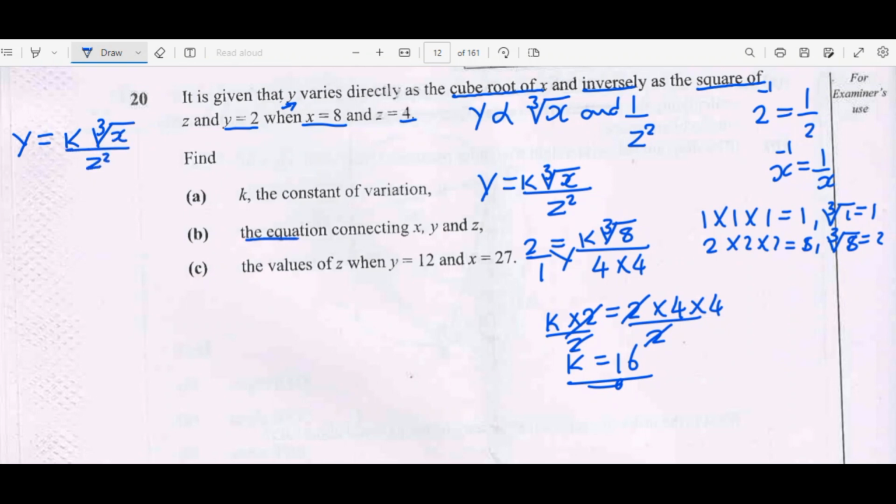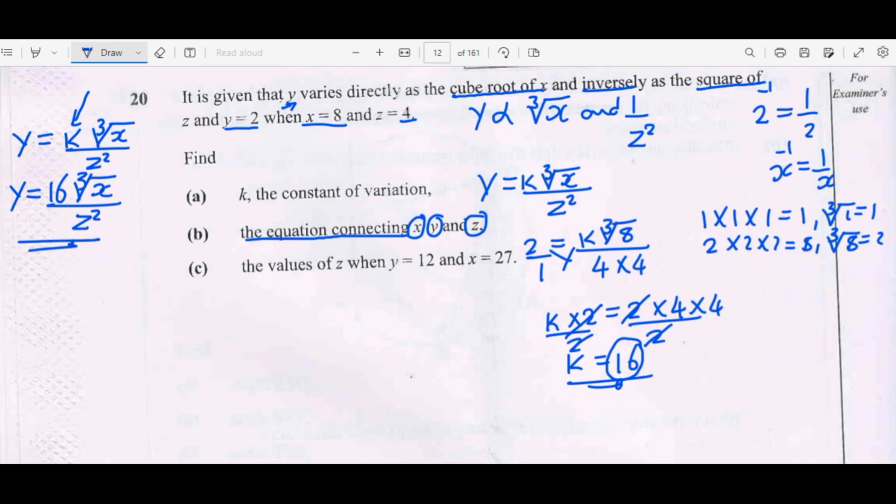Now for this question, whenever you are finding the equation connecting the 3 variables, the x, y, and z variables must just remain there. The only thing that should be done is you substitute k with the value that you have found. In our case, k is equal to 16. So y is equal to 16 times the cube root of x, divided by z squared. So this is our equation.